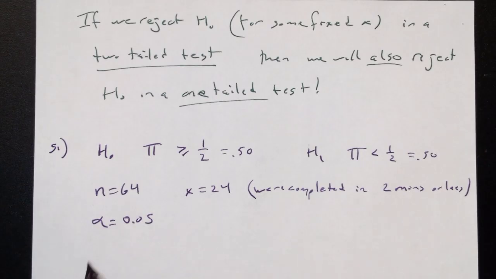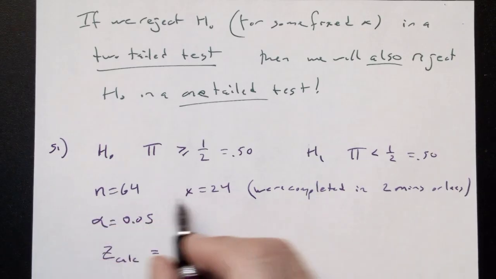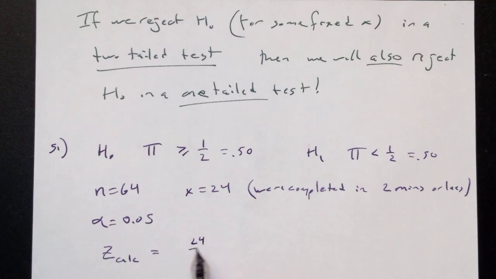I need a calculated Z value for my proportion. Okay. I take my proportion, subtract the benchmark, divide by the standard error.